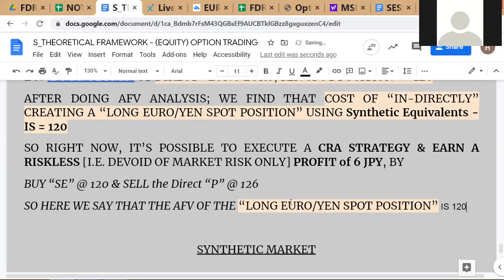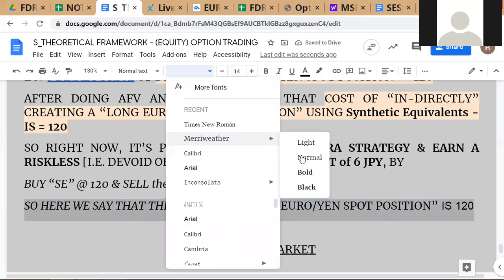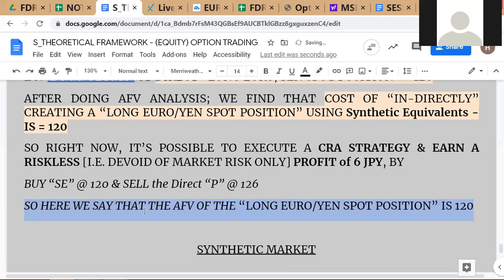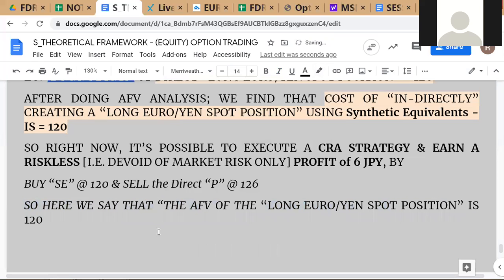Okay, so not very good formatting, but we make it all 14 and all together. Right? So this is where we say that the AFV is 120.